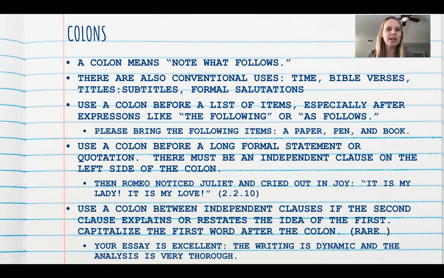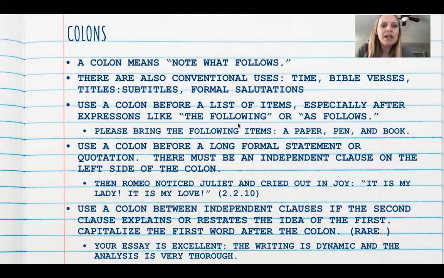If I said, "please bring your pen, paper, and book to class," I wouldn't say, "please bring your colon pen, paper, book to class." No. But if I did say, "please bring the following items: a paper, pen, and book," that would be grammatically correct. So notice how I need the following items in order to make it accurate.